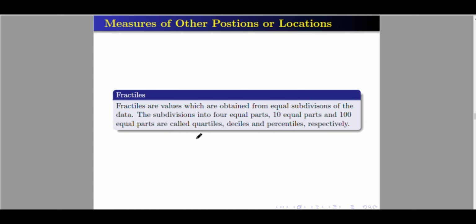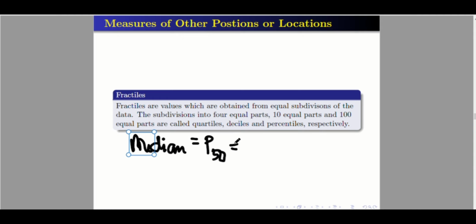So in this case, the median is the 50%, right? Because it is at the middle. So the median therefore is equal to the 50th percentile.